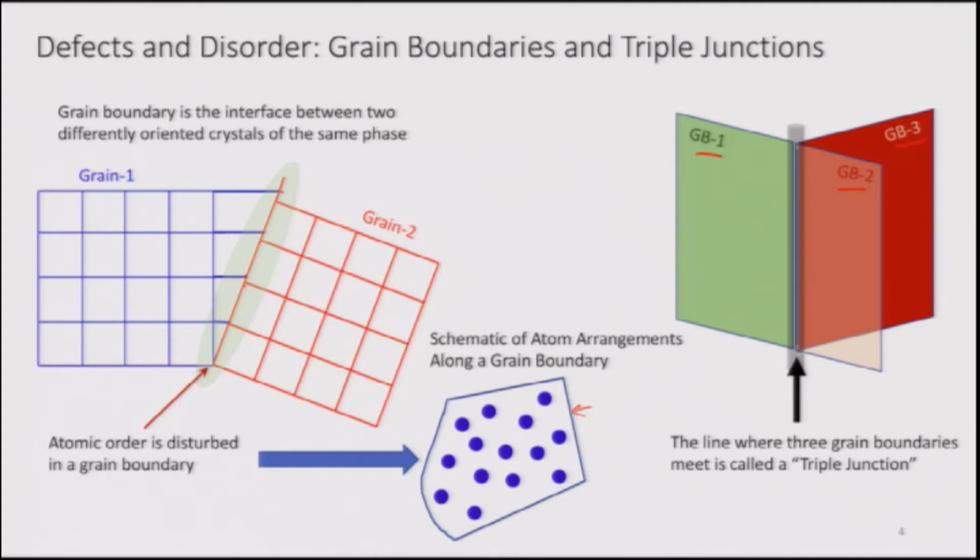These 3 boundaries will meet in a line, and this line is called a triple junction. The triple junction is associated with even more atomic disorder as compared to the grain boundary, and hence the diffusion along triple junction is faster than the diffusion along grain boundaries.